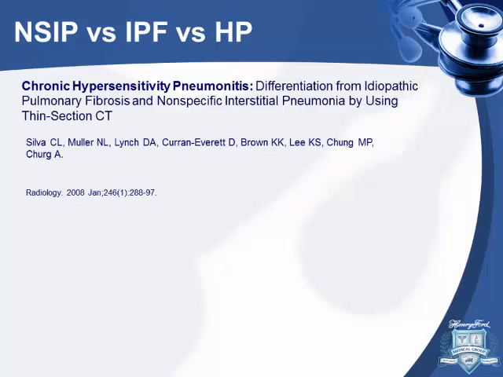a pretty nice study that was published in Radiology 2008, and they looked at whether, based on radiology, you can differentiate NSIP, IPF, and hypersensitivity pneumonitis. They took patients with a diagnosis of all three conditions, diagnosed on pathology with surgical lung biopsy and clinical history.